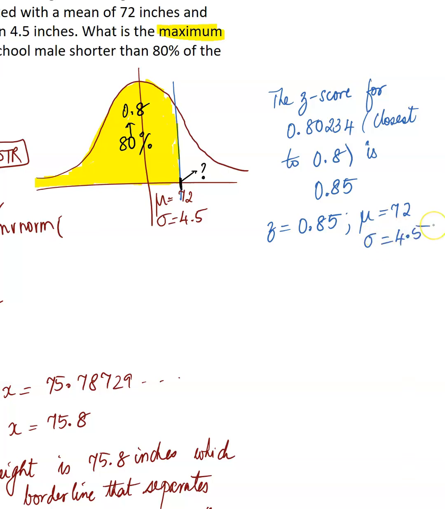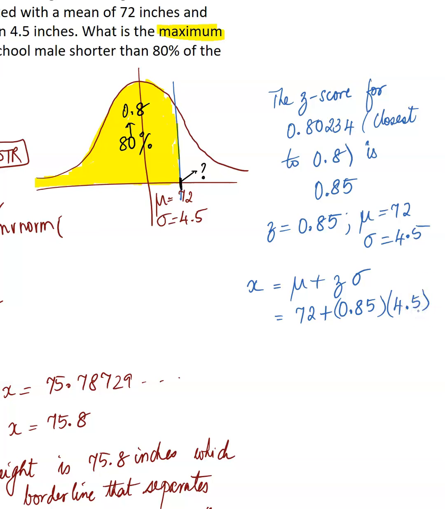So you're going to do the reverse, right? We're not going from x to z, we're going from z to x. Given z, how do you find x? So x is mu plus z sigma, right? And so come back here and enter mu as 72 plus 0.85 for z times 4.5.